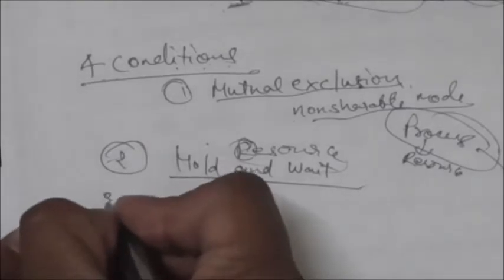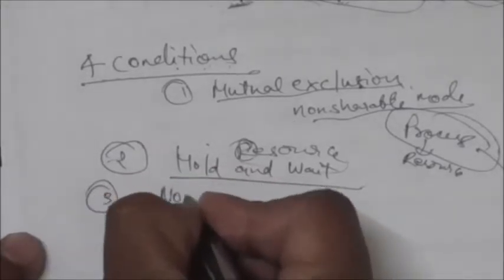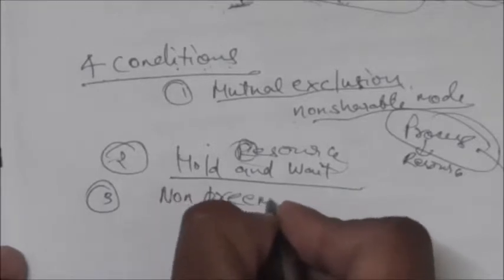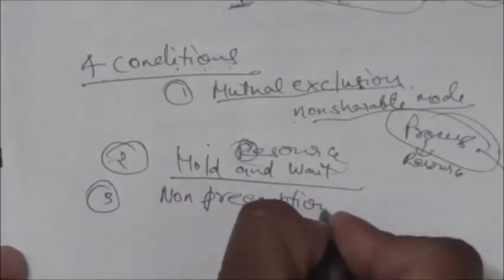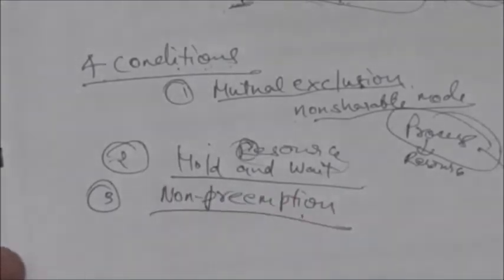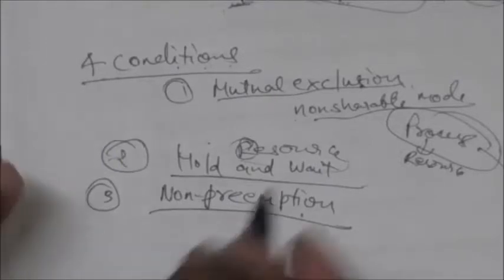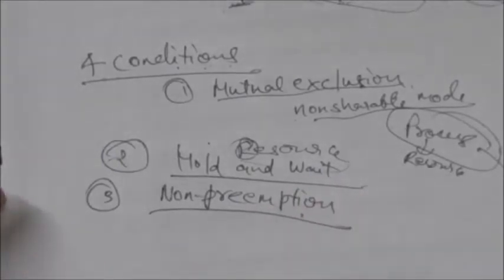Third is non-preemption. This condition specifies that resources cannot be preempted. It means once a resource has been allocated to a process, that resource cannot be taken away from that process.